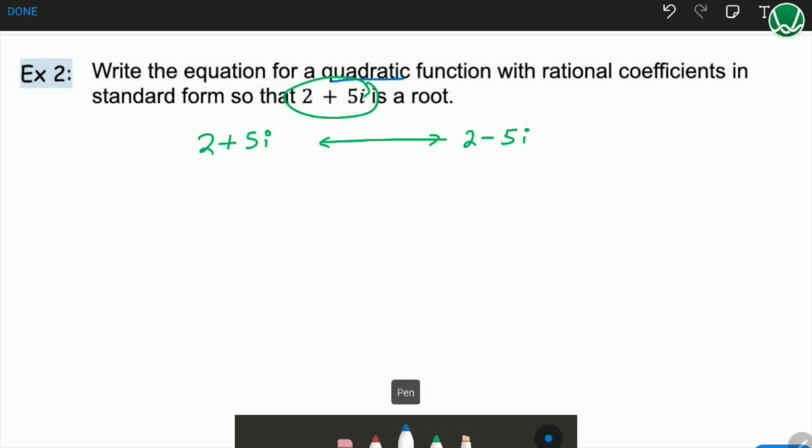Now the roots and the factors are opposite signs, so a way of denoting that in algebra is just putting x minus the root, which is 2 plus 5i, and x minus the root, which is 2 minus 5i. Oftentimes you'll see in the formulas x minus r for the root.